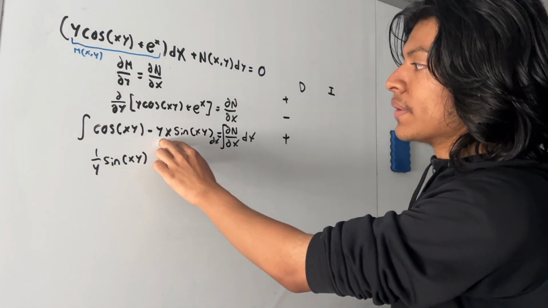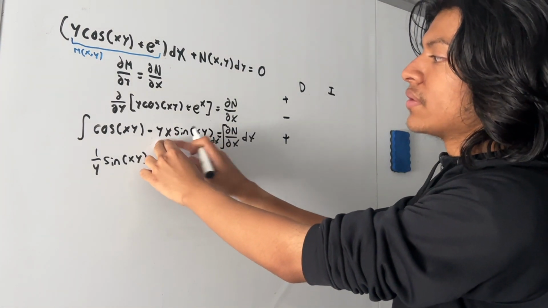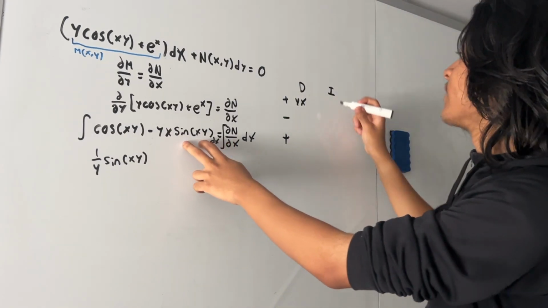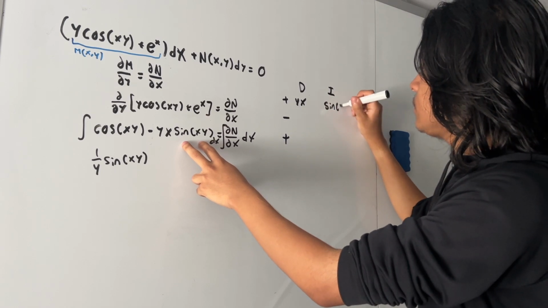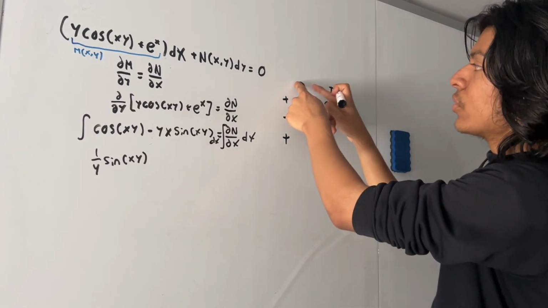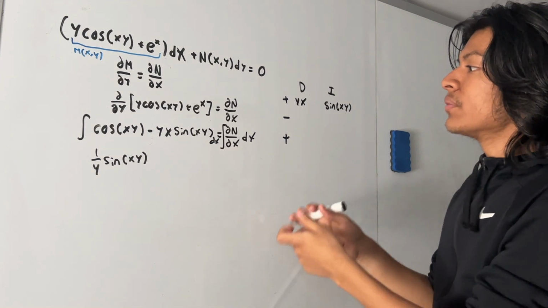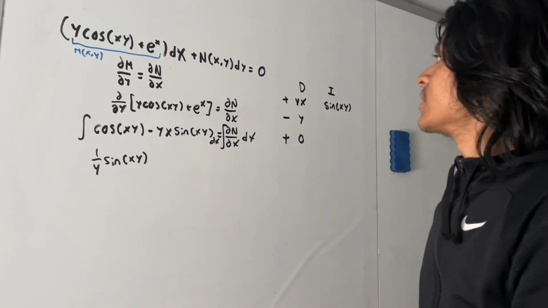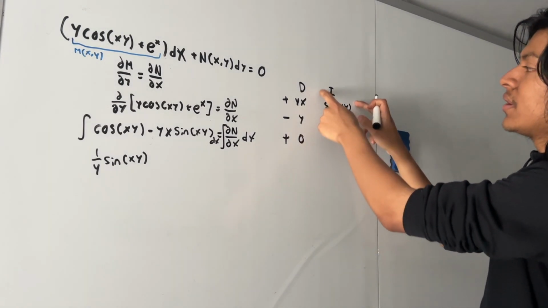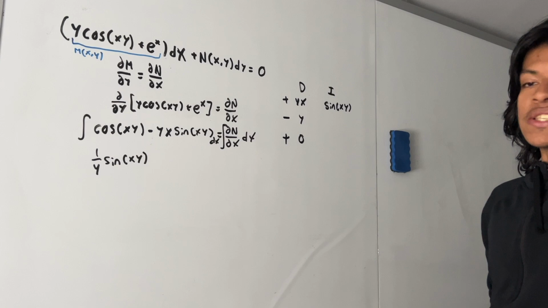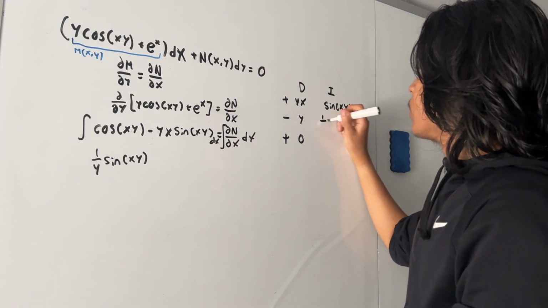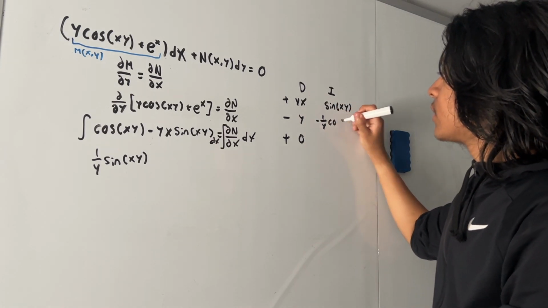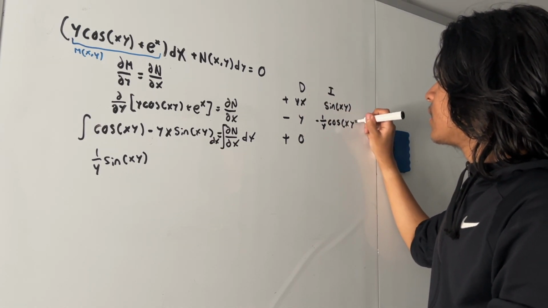I'm going to take the derivative of the product of y and x, so y and x, and I'm going to be integrating this part, sine of x y. As I go down the row, taking the derivative with respect to x, it's going to be y x, then y, then 0. Same thing with this part, I'm going to integrate down the row with respect to x. So we're going to be left with 1 over y, negative 1 over y cosine of x y.